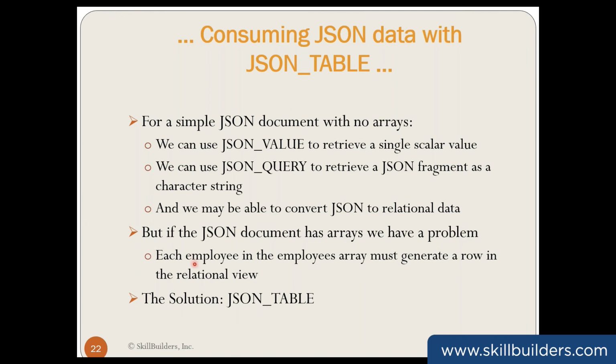Now, in our example, we had basically two departments and they can have multiple employees. We only had 2 employees; we could have hundreds of employees. Basically, if we had that in a relational structure, we would have a department table and an employees table.